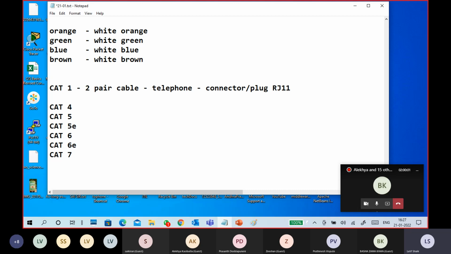Cat 5 generally gives 100 Mbps data transmission speed. Cat 5e and Cat 6 have different network speeds, currently around 500 to 600 Mbps. If you have a 100 Mbps connection, you can use Cat 5 or Cat 5e. But now we are currently using 1000 Mbps, or 1 Gbps.